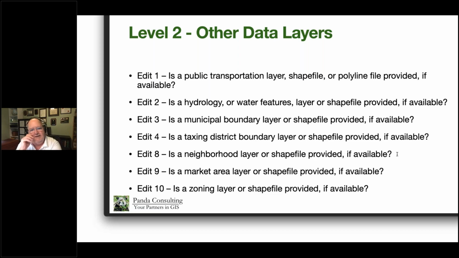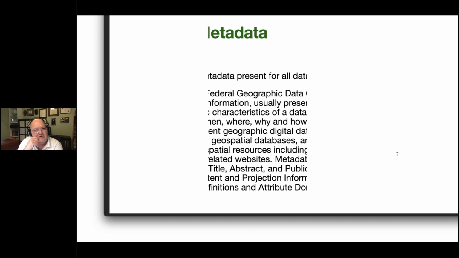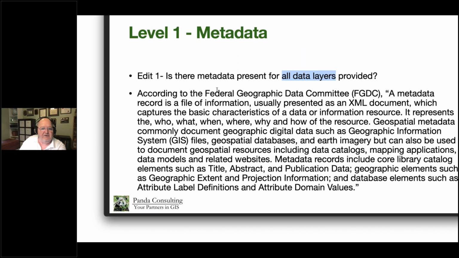And then finally, level number 1, metadata. Is there metadata present for all data layers provided? Not just tax parcels, but all data layers provided. This is a stickler, and it's looking for FGDC compliant metadata, all right?